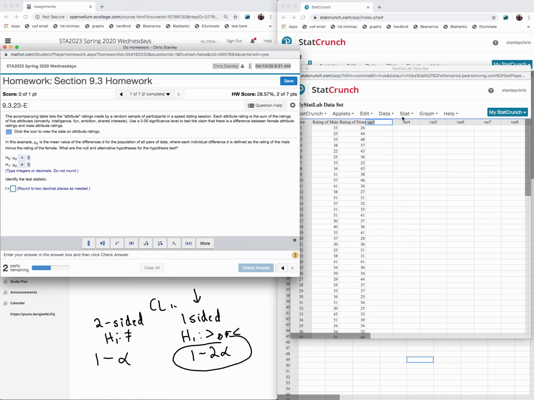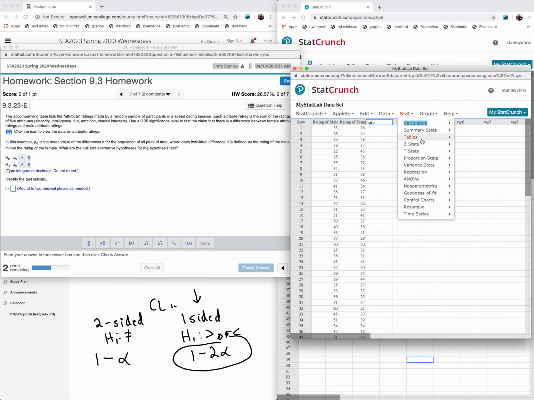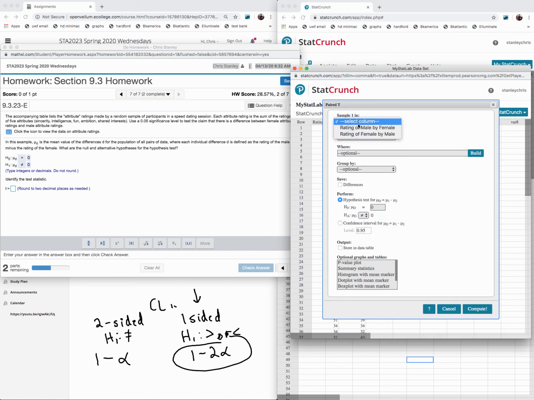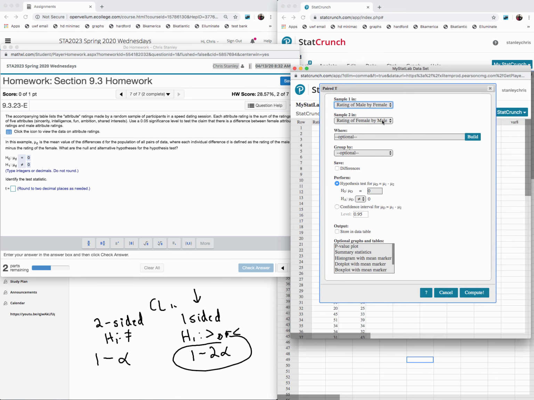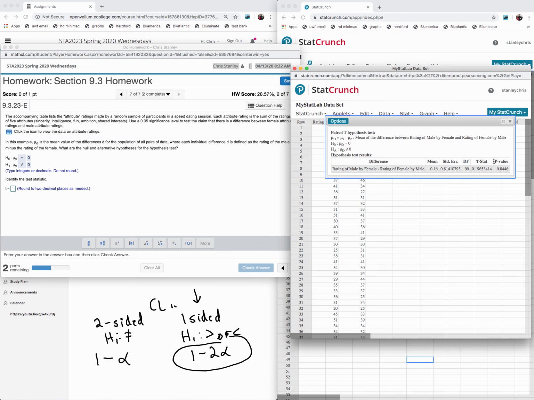I'll be able to see it after I run the test though. So this is a paired T. We'll put the males first, females second, just because that's how they gave us the order. This is all right, and now all we have to do is compute it. So this 0.16 means the guys preferred the girls a little bit more, but not a whole bunch more.